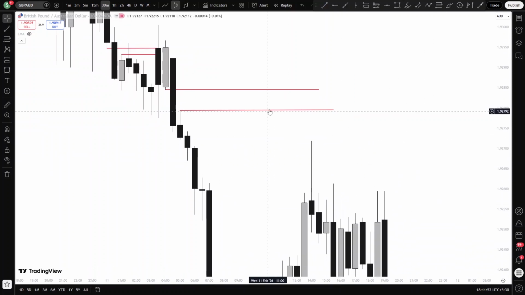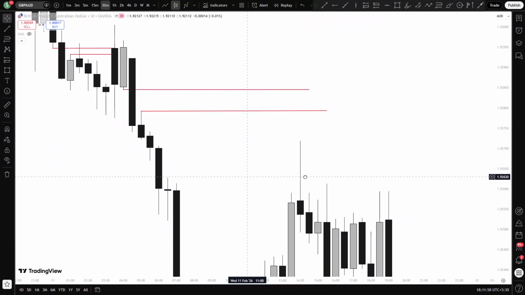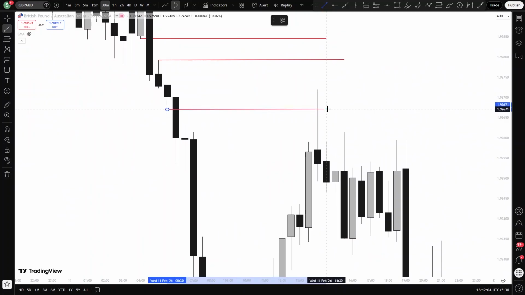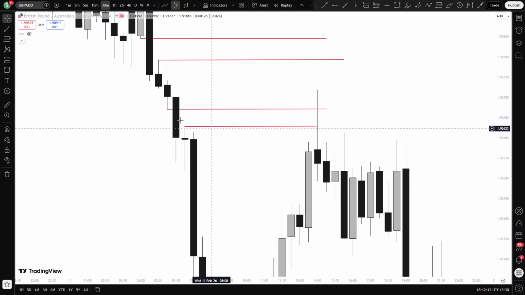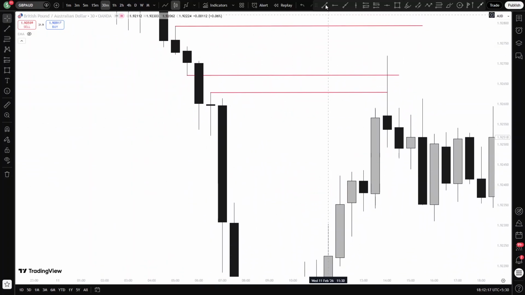Okay. This is our fair value gap. Where is our other fair value gap? It is here. Okay, it is here. This is our fair value gap. Okay, where is our other fair value gap?